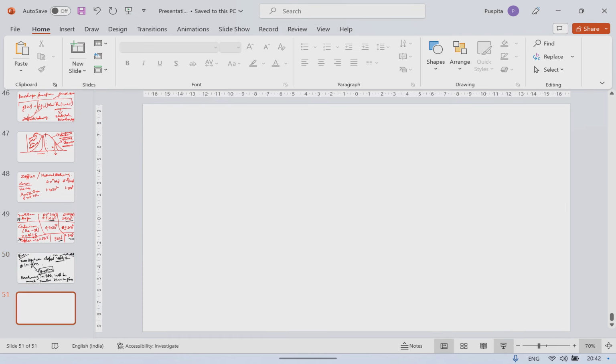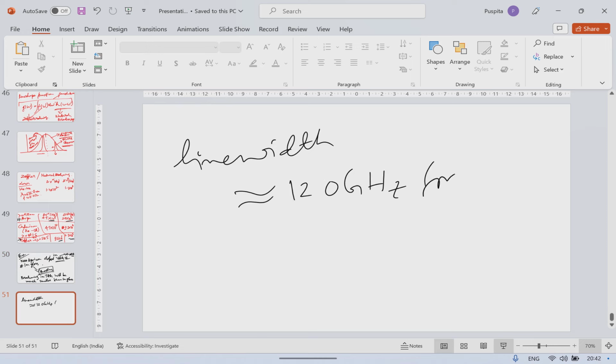So there is a number that line width is of order 120 gigahertz for neodymium doped YAG. The doping is written like that.